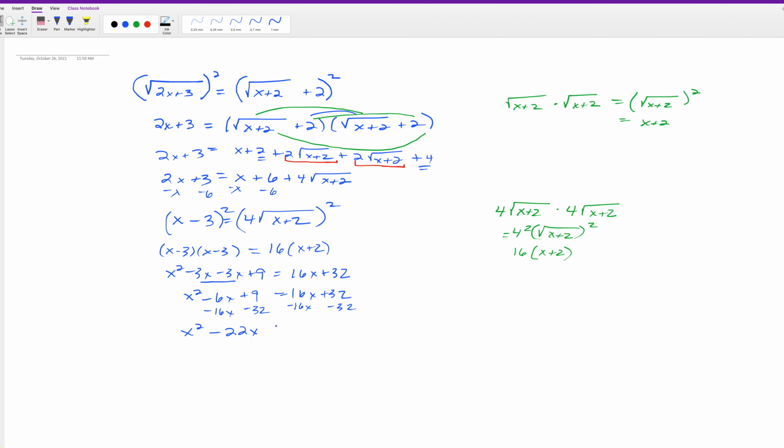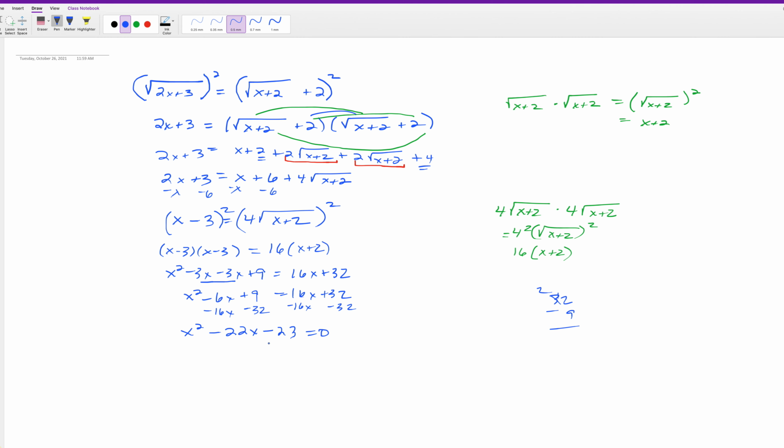I can't do simple arithmetic in my head. What is 32 minus 9? 32 minus 9. Yes, 23. So minus 23 equals 0.